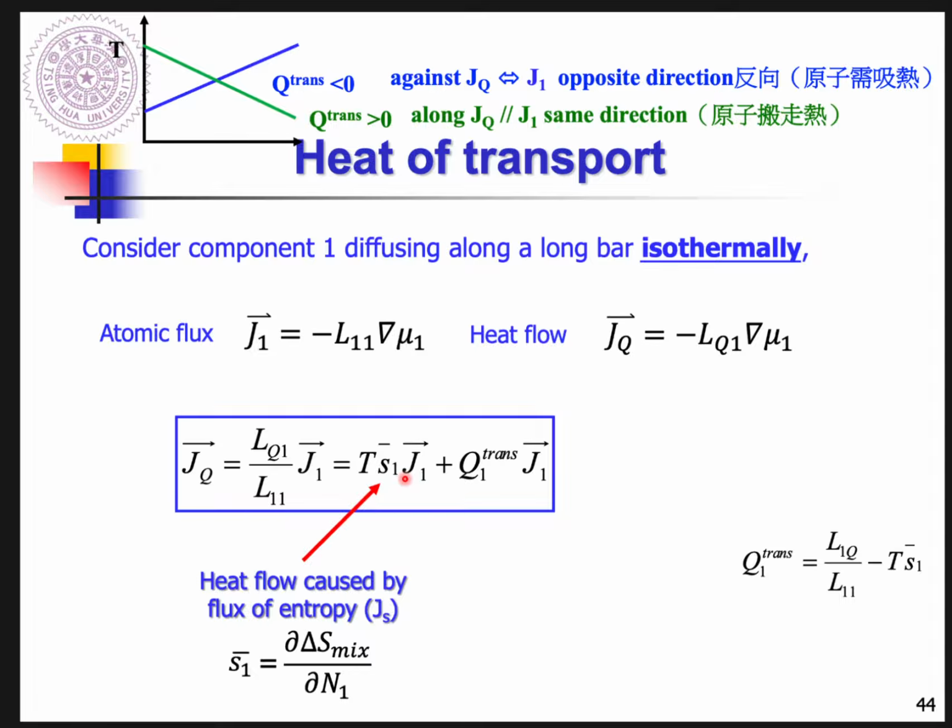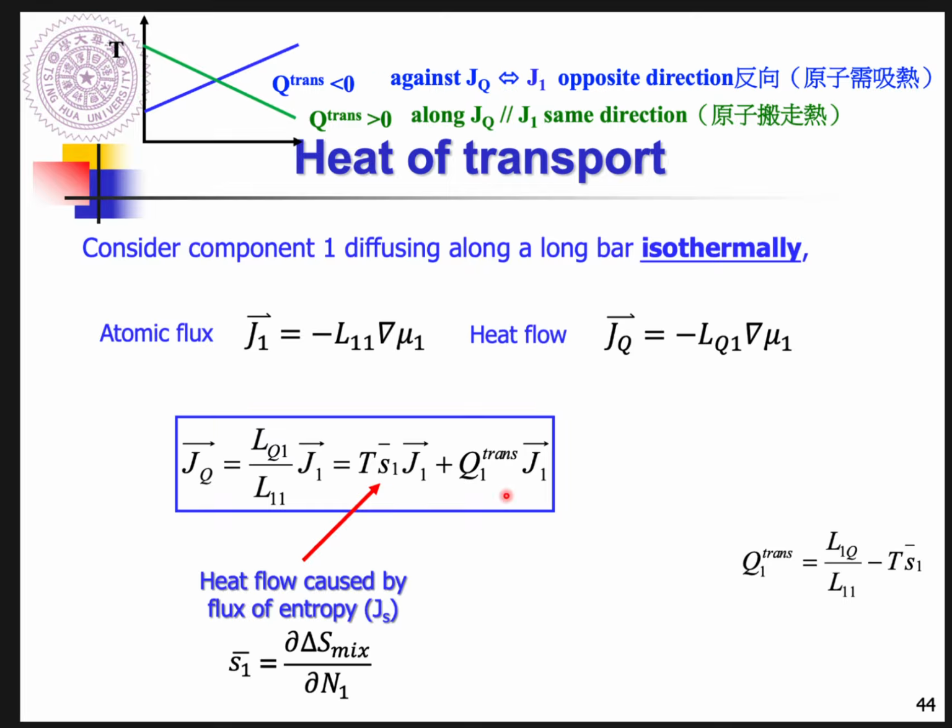Because J1 is the number of atoms passing through this area per unit time, and S1 bar is its contribution to the mixed entropy, you can consider it as the flux of entropy. And you also multiply by T, so you get the unit in joules.